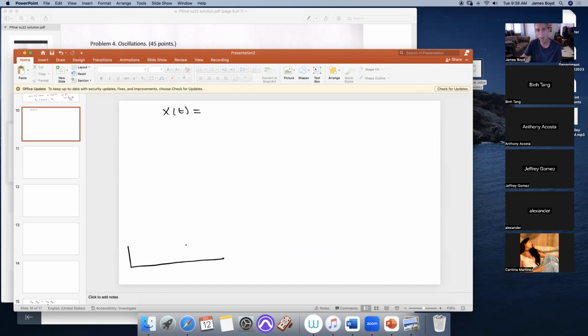One simple view of an oscillating system is a block on a spring. And that block would normally be at 0 if you didn't push it or pull it. But as soon as you push it in to some distance, negative A, or as soon as you pull it out to some distance, A, and let it go, it's going to go back and forth and back and forth and back and forth on that.